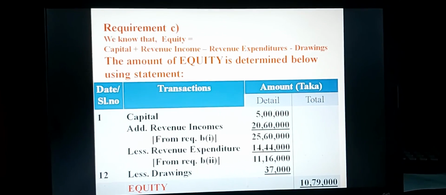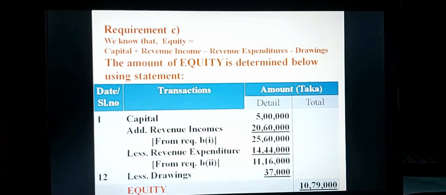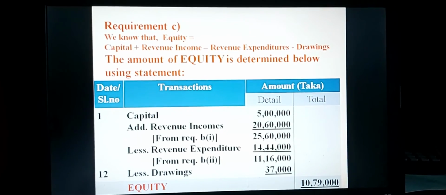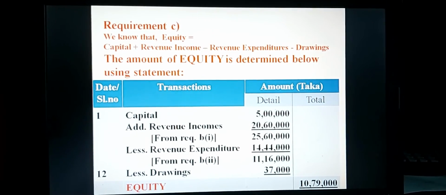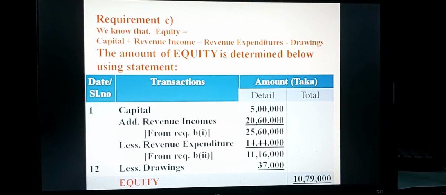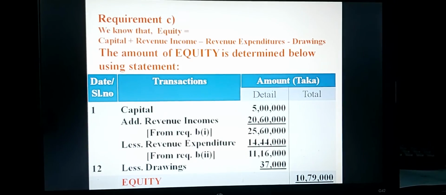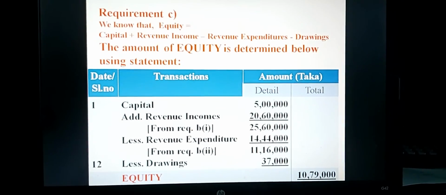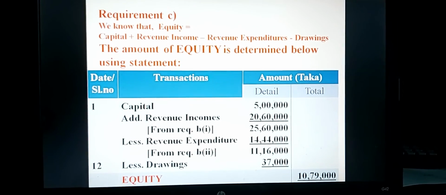From this amount you can deduct revenue expenditure. We have already solved it in requirement B, part 2: taka 14 lakh 44,000. So 25 lakh 60,000 minus 14 lakh 44,000 is the remaining amount, 11 lakh 16,000.